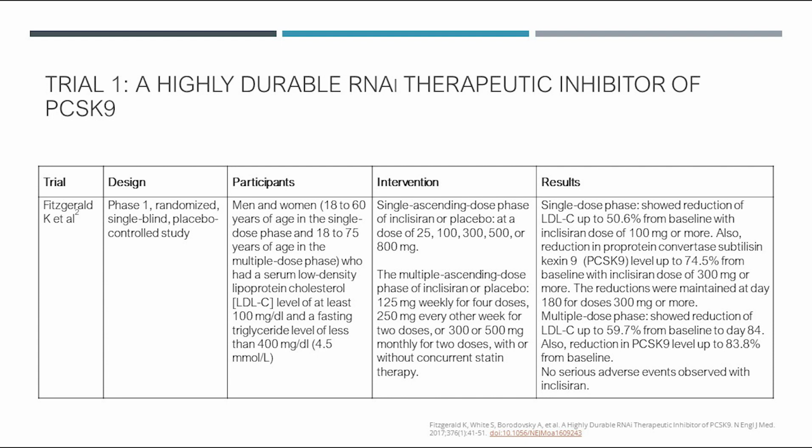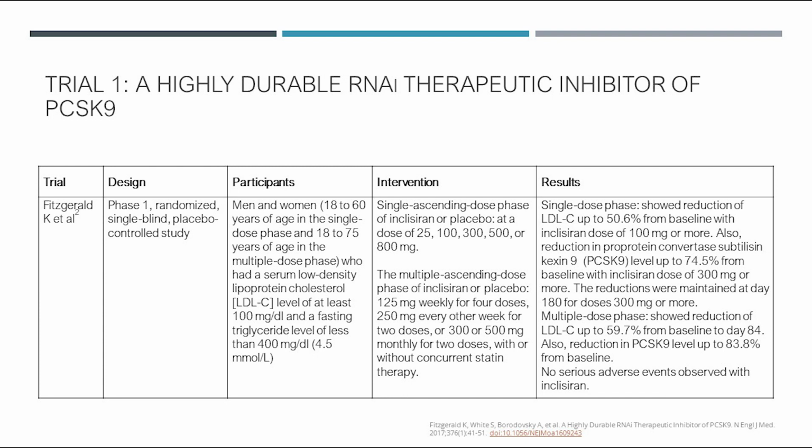In the single dose phase, there was a reduction of LDL up to 50.6% from baseline with the inclisiran doses of 100 milligrams or more. Also, there was a reduction in our PCSK9 level up to 74.5% from baseline with inclisiran doses of 300 milligrams or more.